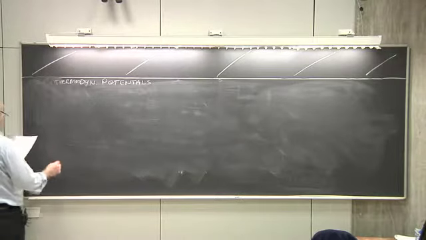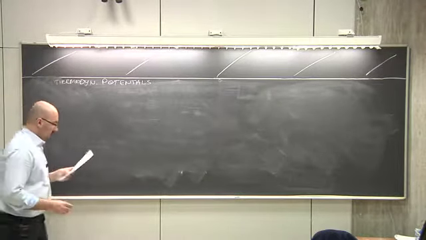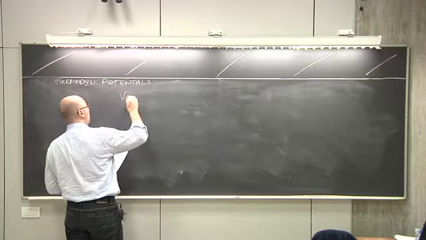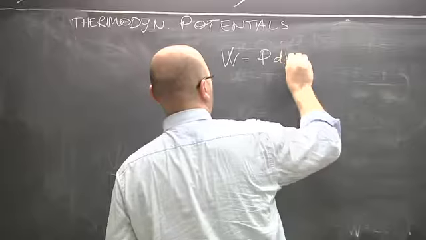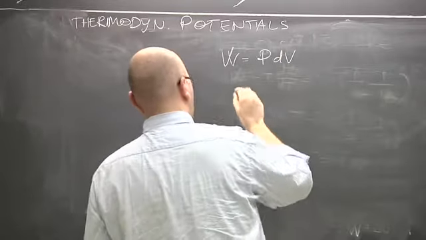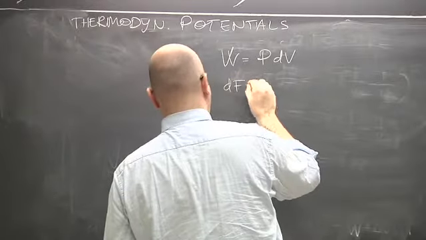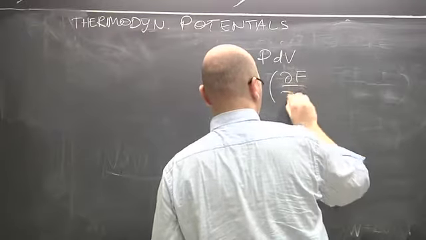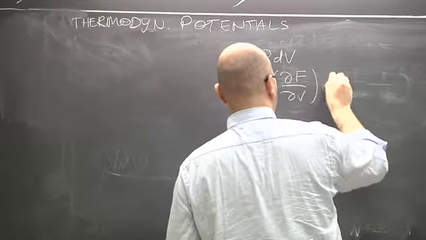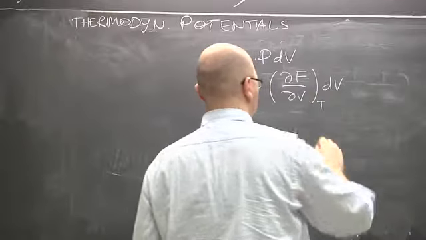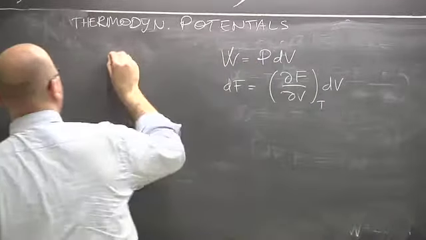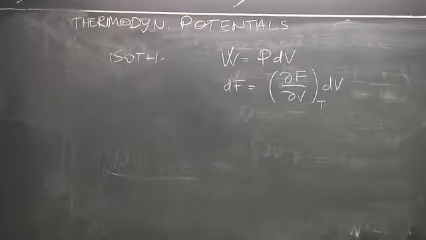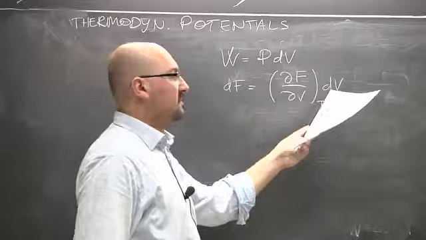Okay, let's consider an isothermal infinitesimal transformation. The work is P dV, as always. The change in the free energy is isothermal, so the change in the free energy is only due to the change in volume.